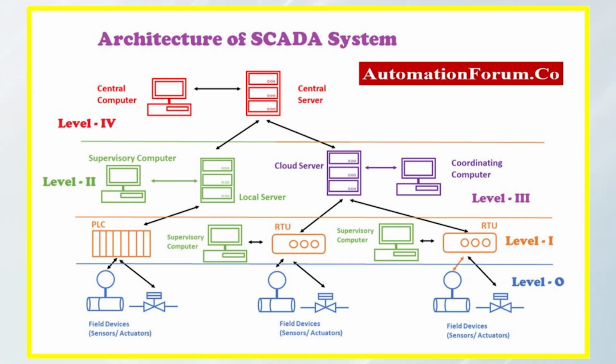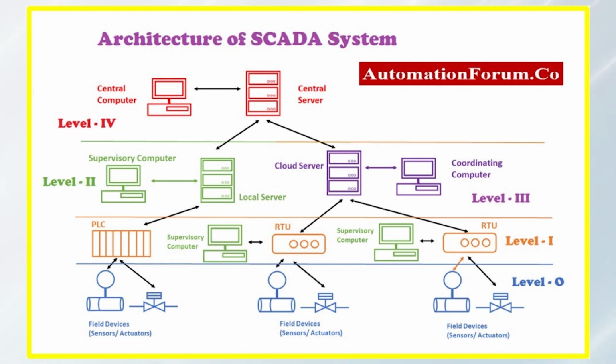Now we will discuss in detail the SCADA architecture block diagram. In the figure of the SCADA architecture block diagram, you can see there are so many devices and systems. So, we can divide the whole system into 5 levels to understand the working of each part of the SCADA system.